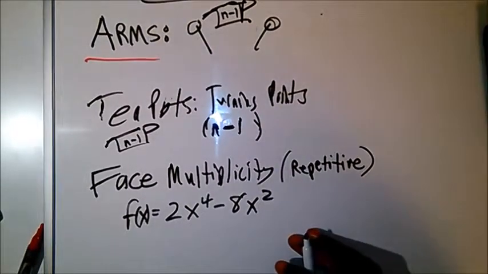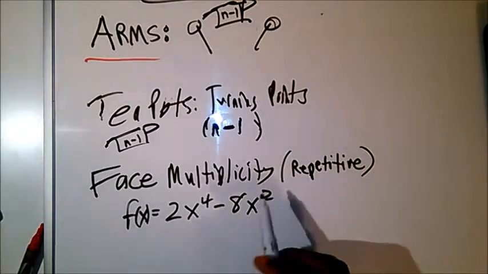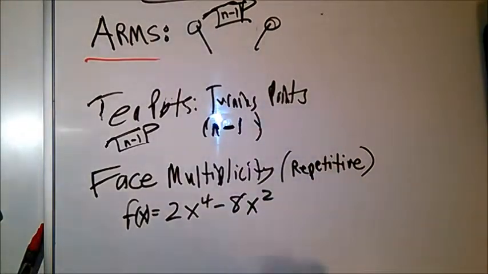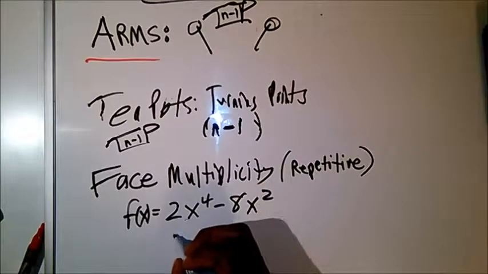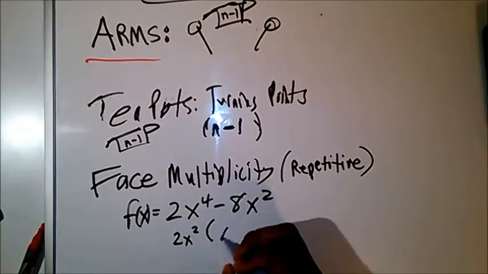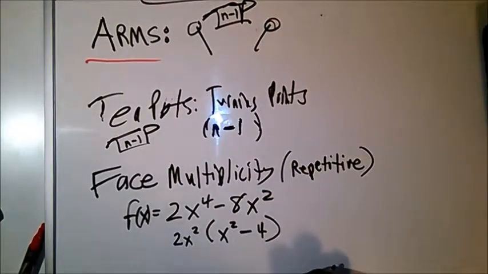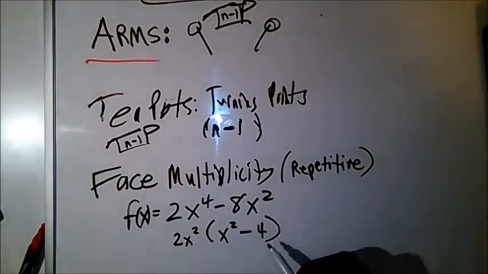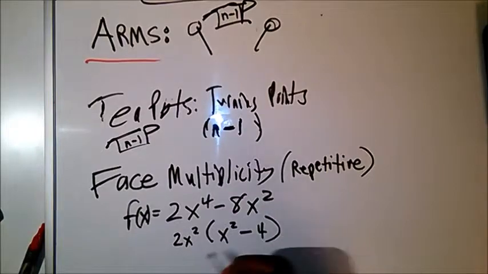Now, the first thing we've got to do in order to determine the face multiplicity, or its repetitiveness, is to factor. So we're going to factor this. When we factor, it becomes 2x squared times x squared minus 4. And we can factor this more.